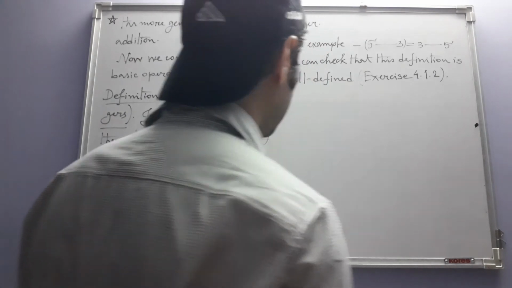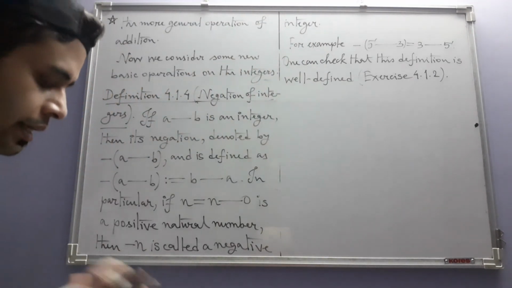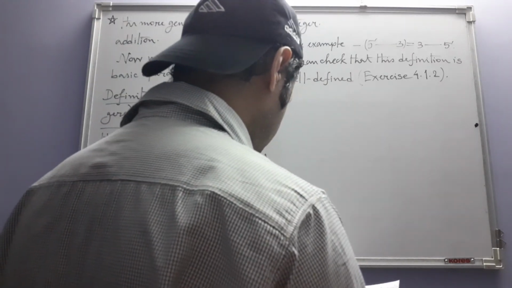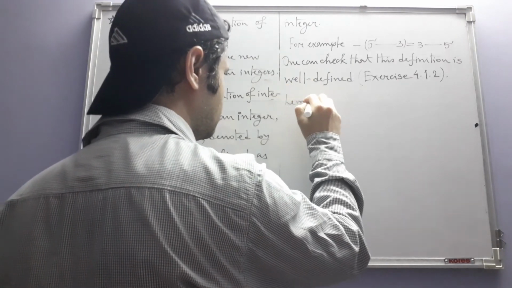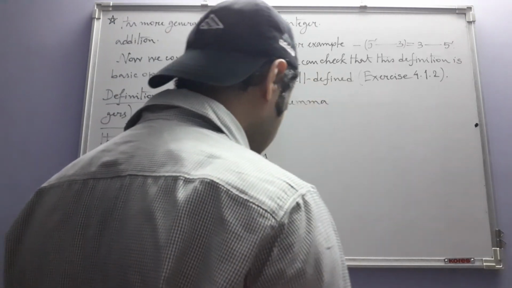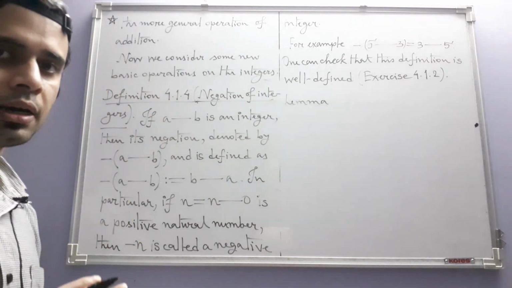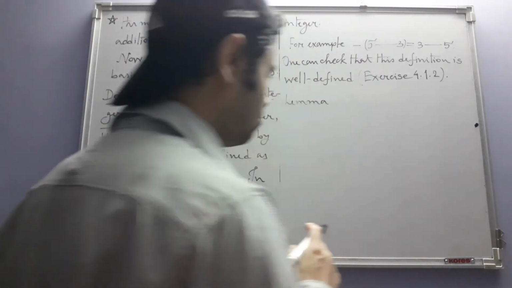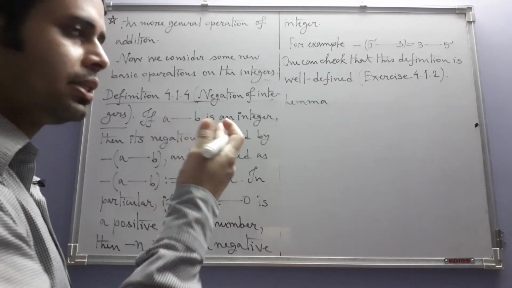Okay, now after this definition of negation and negative integers, we now come to a lemma which tells us that integers are exactly what we think they are. Like what do you see in your mind when you think of integers?